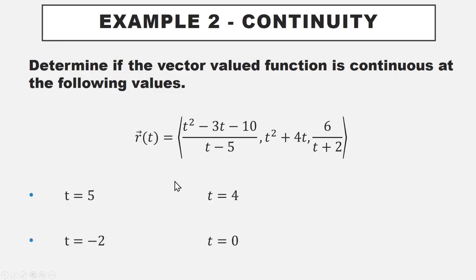So let's use our previous work and decide if this vector valued function is continuous at 5, if it's continuous at 4, if it's continuous at -2, and if it's continuous at 0. This is the same function we had in our last example.